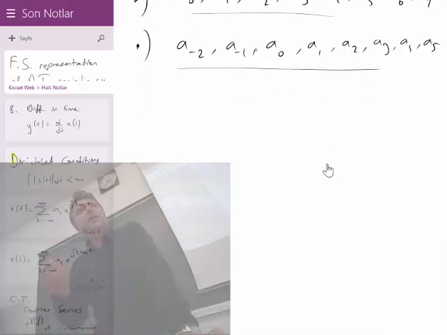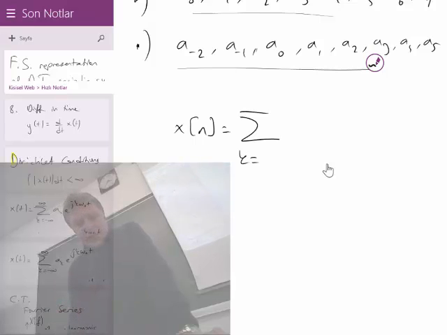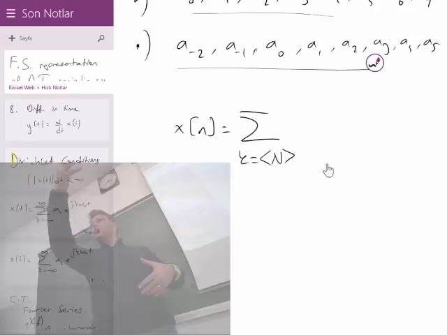But in general, the formulas that you need to remember are the final formulas for the Fourier series representation in discrete time, and they are this. First of all, the Fourier series representation, I'm repeating, but this time with a different notation: k in a duration of capital N. Now this new representation is telling you that it can be from 0 to N minus 1, from 1 to N, or 2 to N plus 1, or minus 1 to N minus 2.